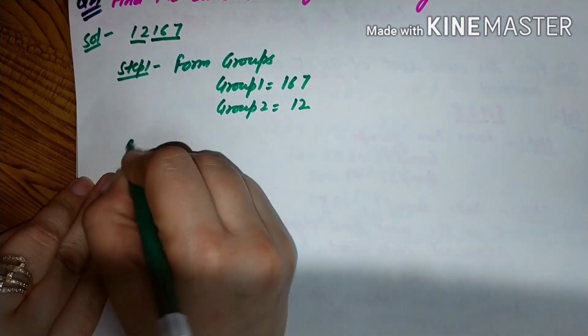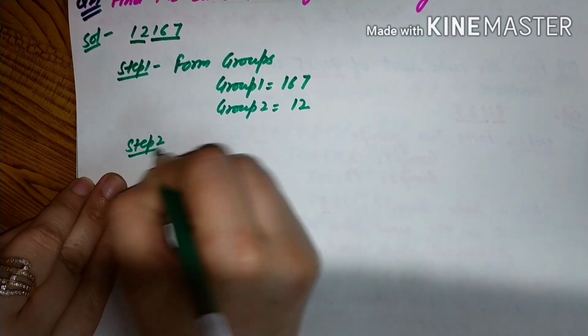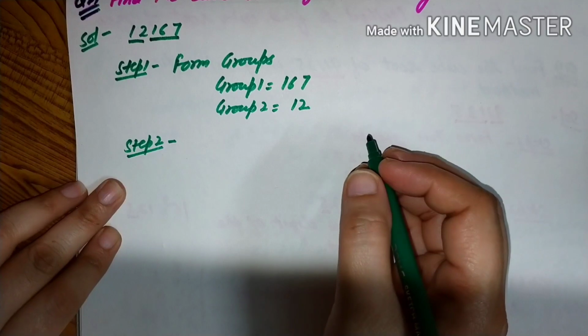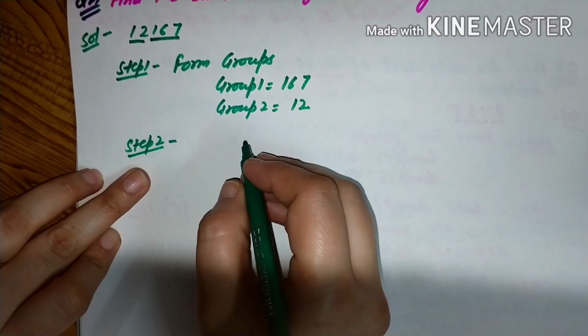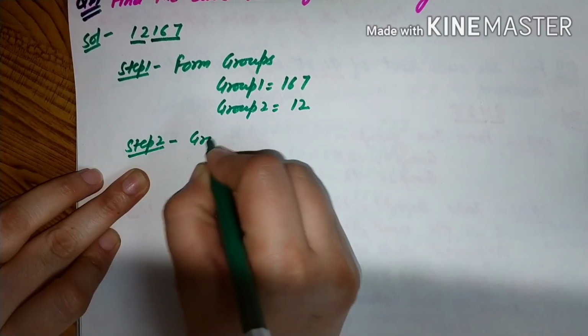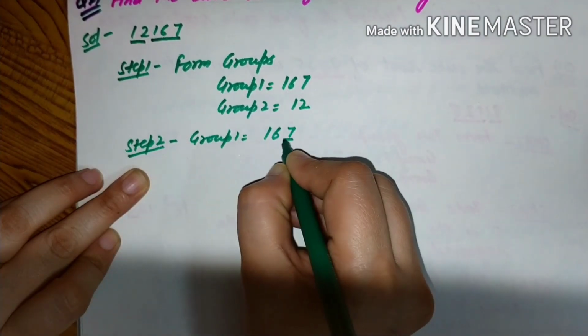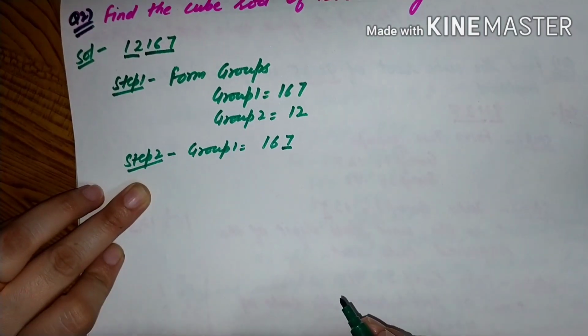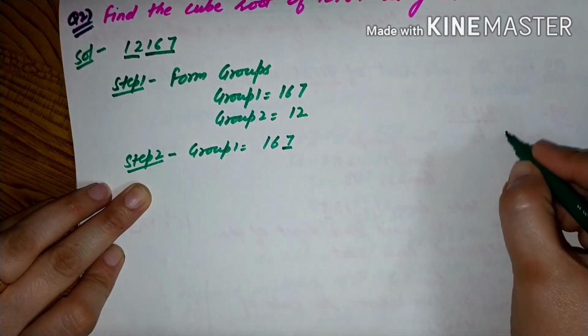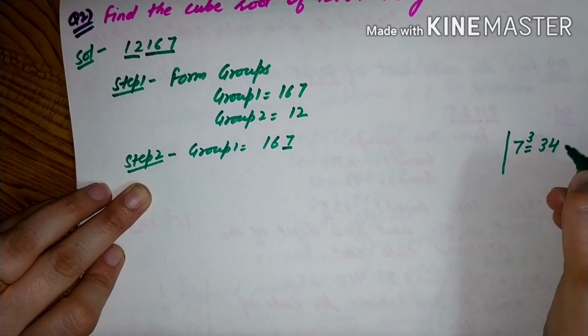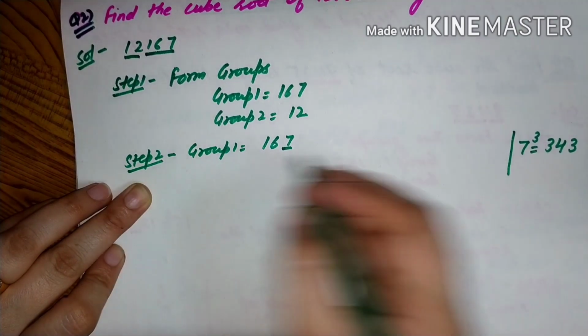And step 2 will give us the unit place digit of the cube root of the required number. So we'll take group 1, 167, and underline the unit place digit of 167, and on the side we'll take 7 cube, that is 343.